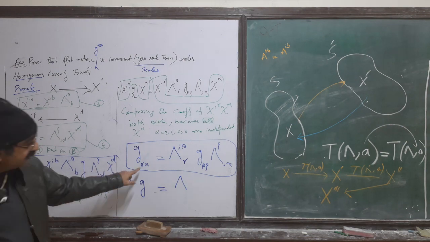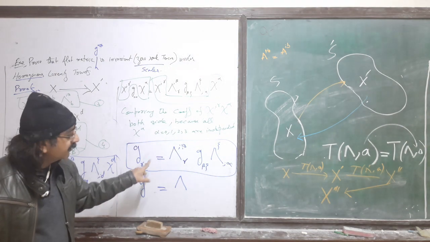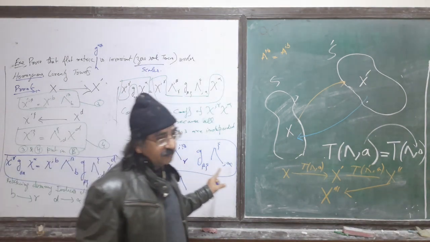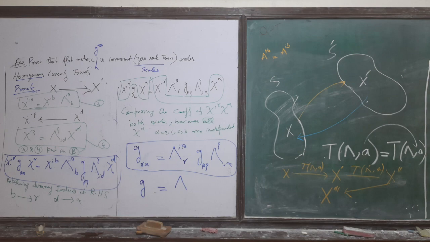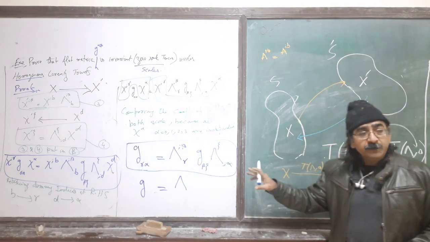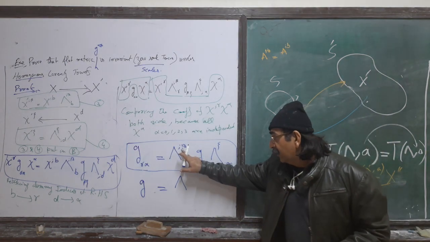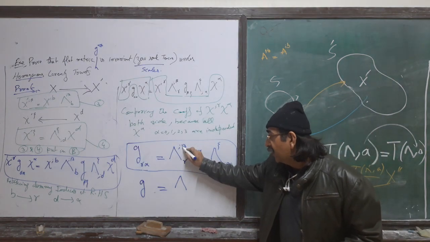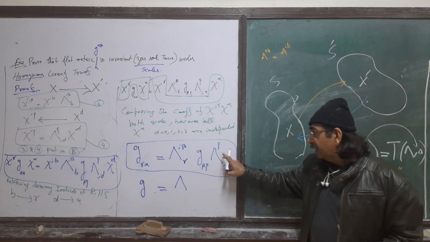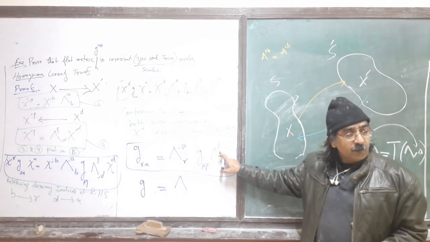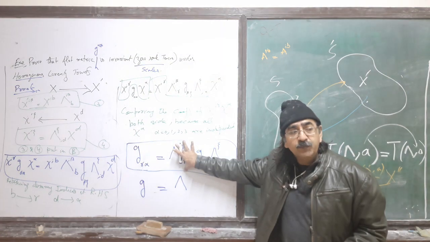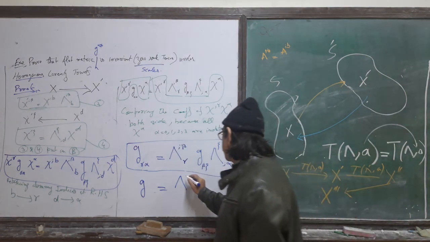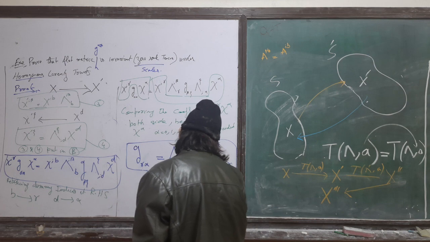If I say this is a G matrix, both are gamma matrices. But here superscript is a column, here superscript is a row. If I say this is the gamma matrix, then it will be the transpose of that gamma matrix.